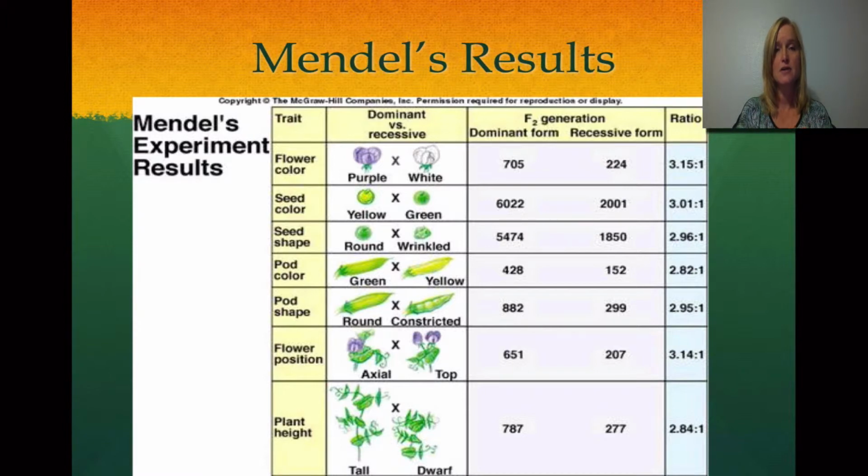If he paired a yellow seed plant with a green seed plant, then in the next generation he would have all yellow seeds. But then when he paired those yellow seed plants together, in the following generation he would have some yellow, but he would also have some green coming back.